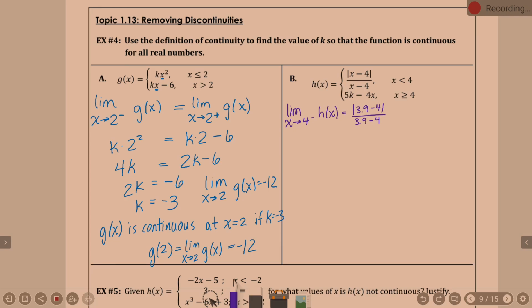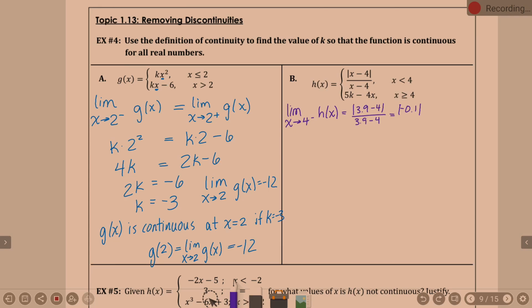Now, in this one, it's going to work out well. What is 3.9 minus 4? I'm really bad at that. Officially, it's 3 9/10 minus 4. That's 1/10, right?